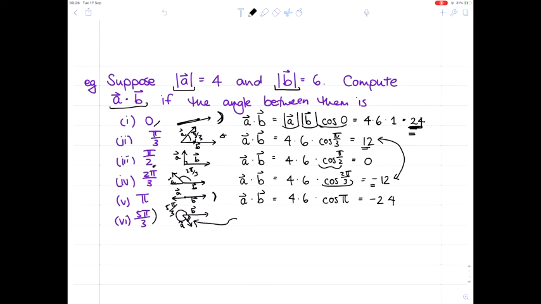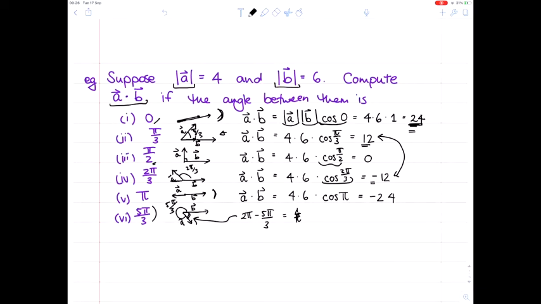So a full revolution, 2 pi, minus 5 pi over 3 is going to give us pi over 3. And so that's going to give us 12 again.